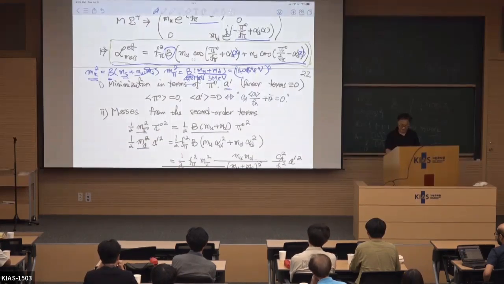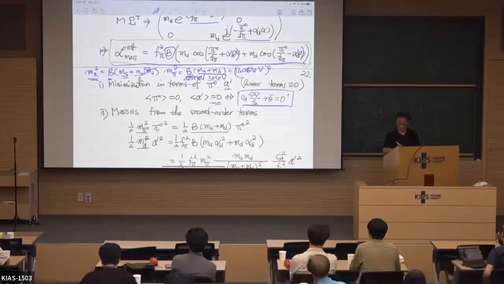Taking the first derivative with respect to A prime in alpha_u, alpha_d, I should get a vanishing vacuum expectation value, meaning that this should be vanishing, which I took before.